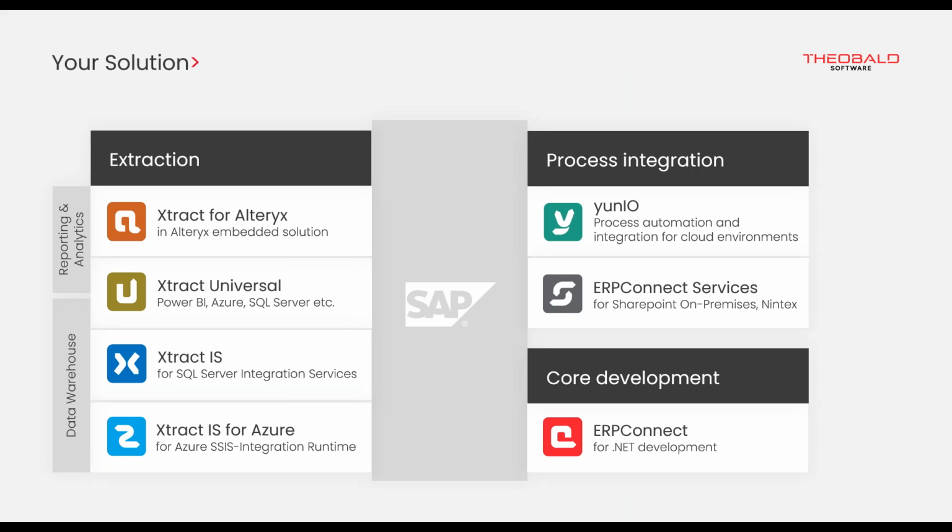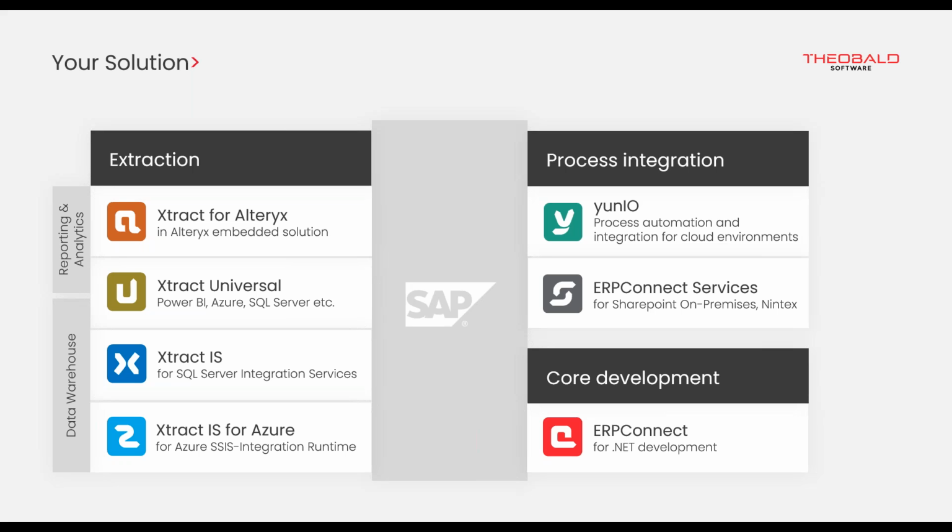Here you see an overview of our solution portfolio. On the left is our Xtract suite of products. The primary use case for these products is BI and analytics. So this is all about extracting data very reliably, very fast, very efficiently to third-party environments such as Power BI, which we will look at in a moment.